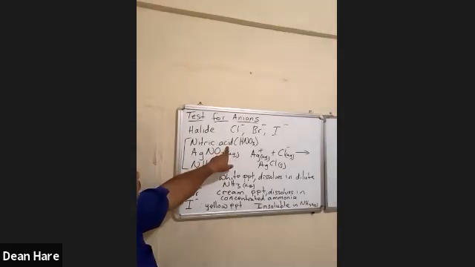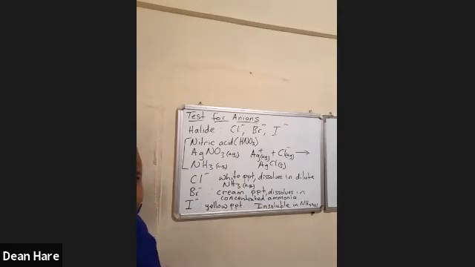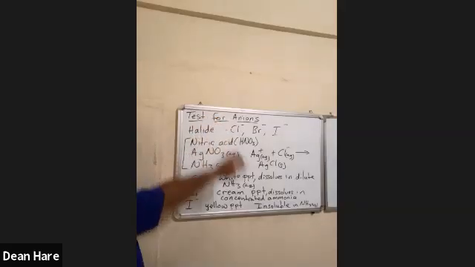So why do we normally put the nitric acid first? The nitric acid is to remove any impurity from the container or from the solution, so you just want the silver ion to be reacting with the halide ion.